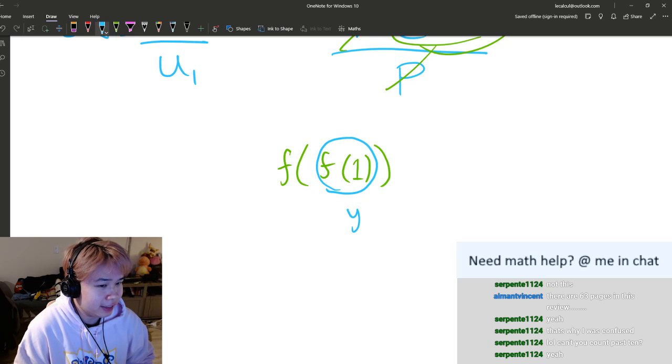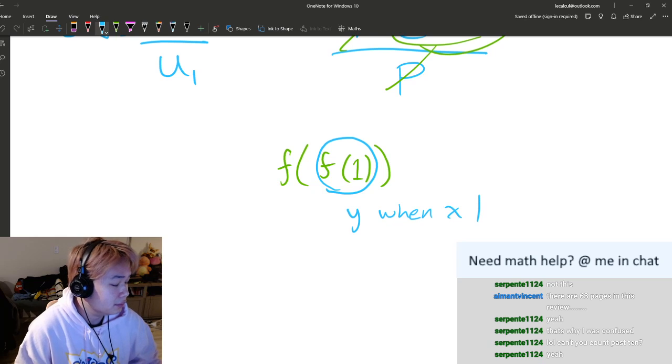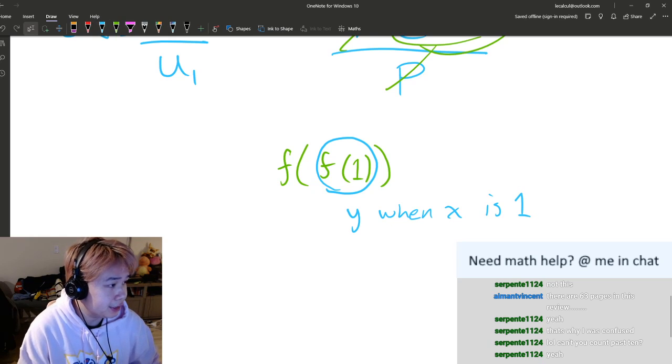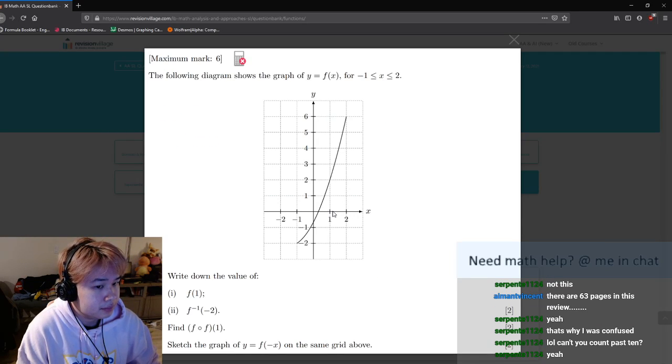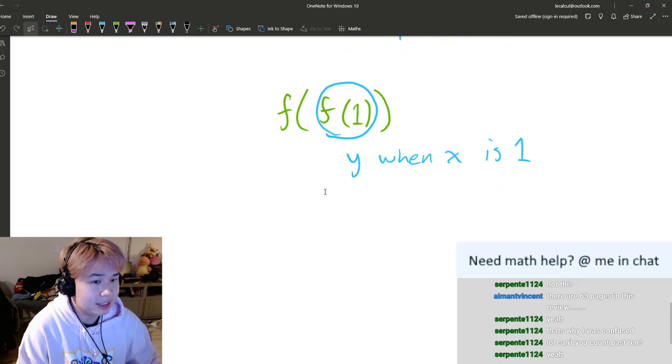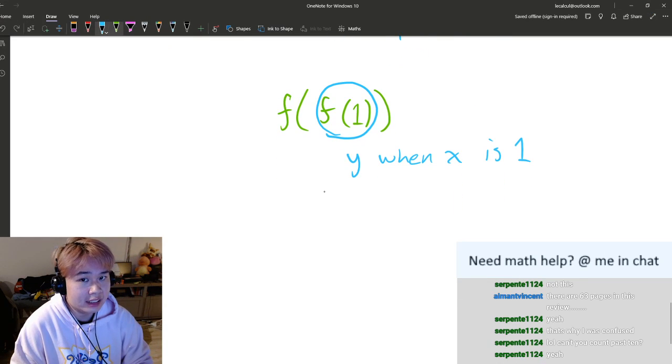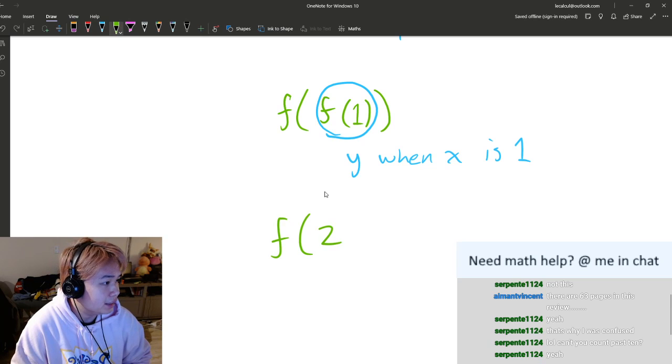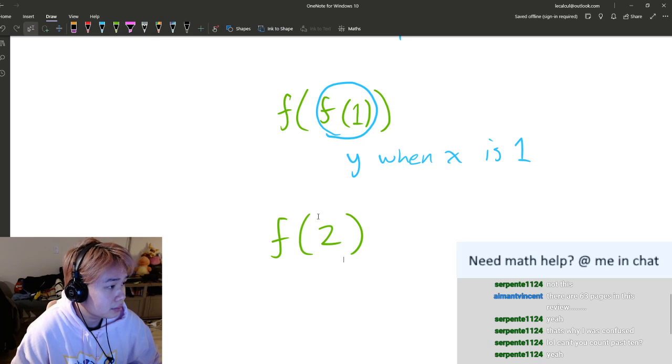So this is the y value when x is 1. So you can refer to the graph. So here's 1. The y value is here at 2. So that means that this becomes f at 2. And then you find f at 2.